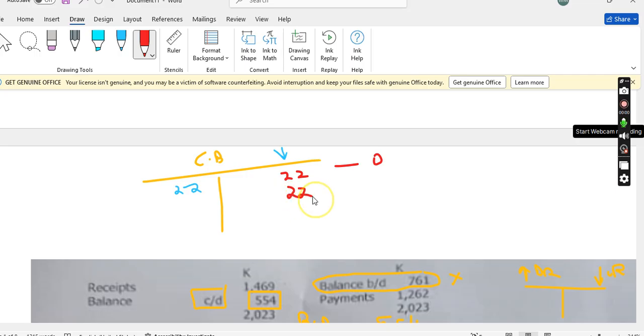So that here you have 44 kwacha on the credit side. So that when you subtract 44 minus 22, you remain with 22 kwacha on the credit side, and this one goes. So you credit the cash book 44 kwacha. Any questions?